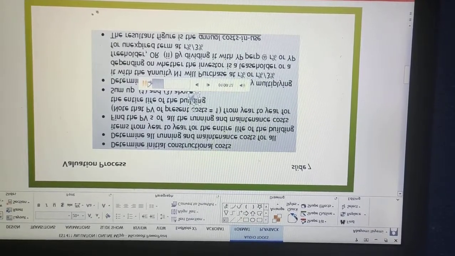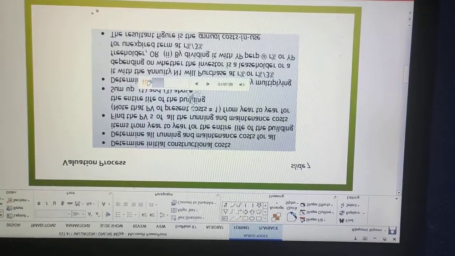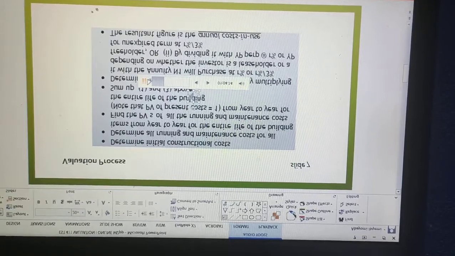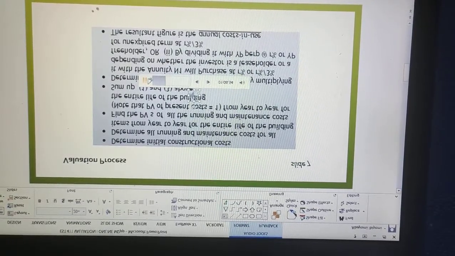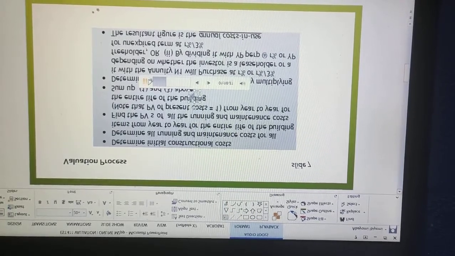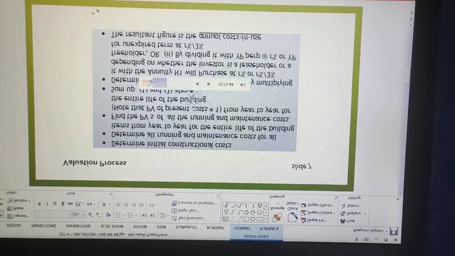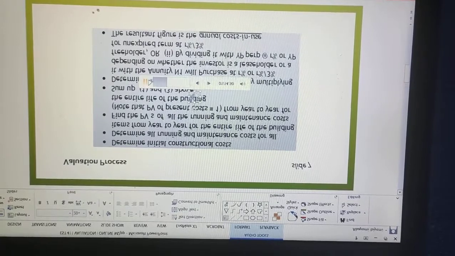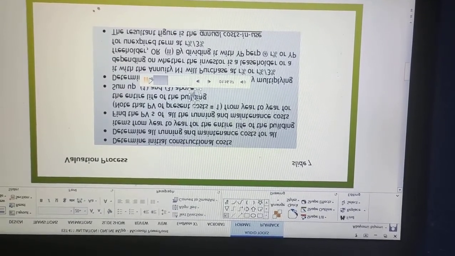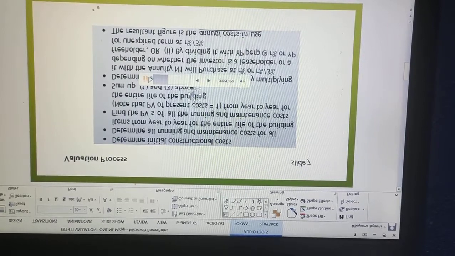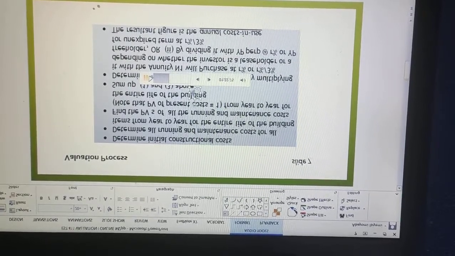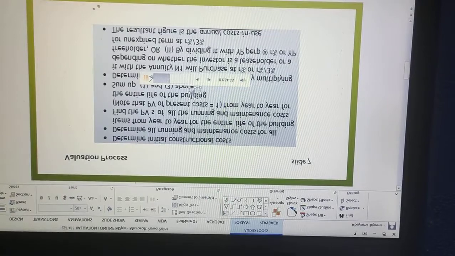Sum up 1 and 3, that is, add the initial construction cost to all running and maintenance costs. You have to do the addition. Then find the PV of all of it, everything.